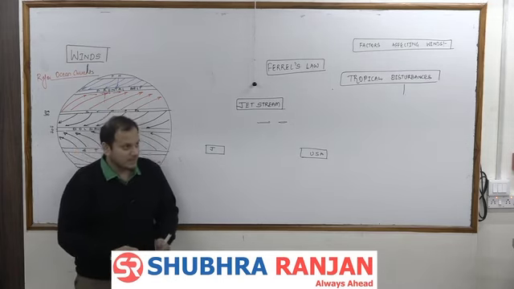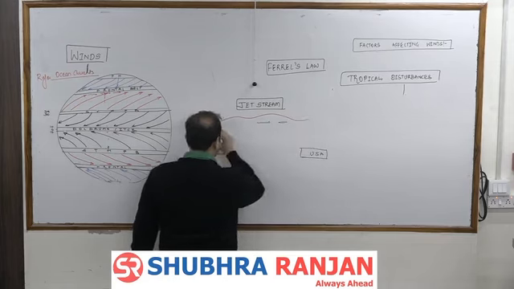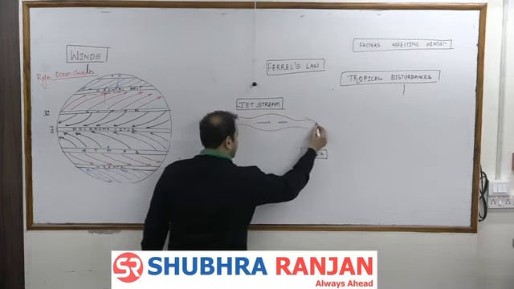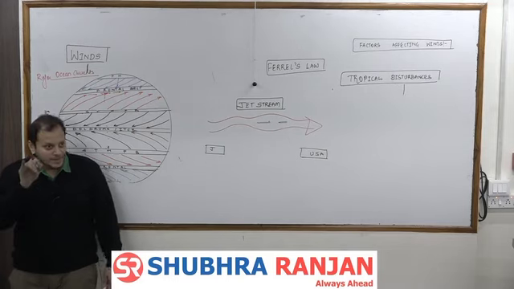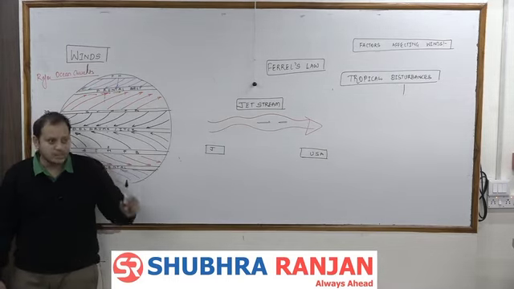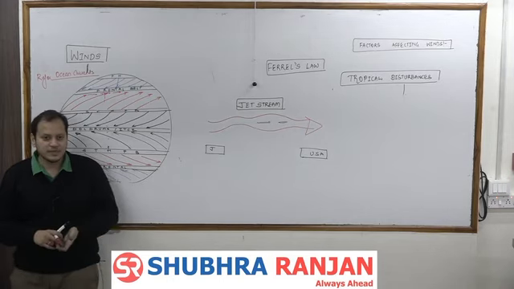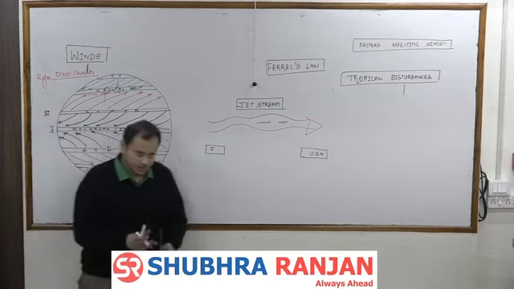From that it was found that there is a very high velocity wind which blows in the upper atmosphere with a speed of 600 to 700 kilometers per hour, and that wind is known as the jet stream. Now I am asking you why the jet stream's speed is so high. You got an answer here. Which force is absent in the upper atmosphere? Frictional force. Fine.